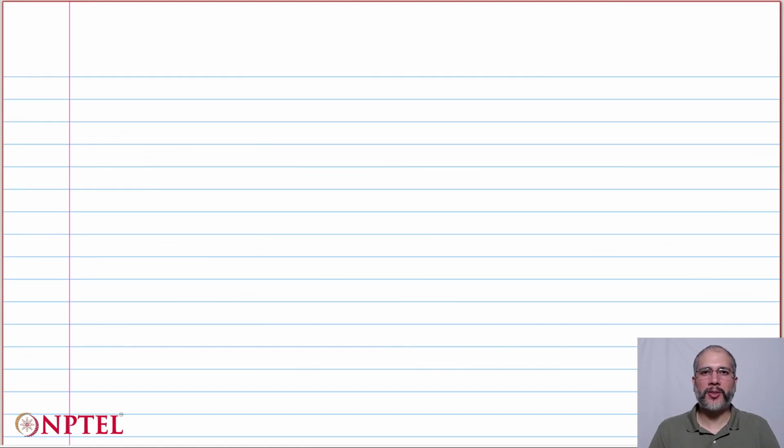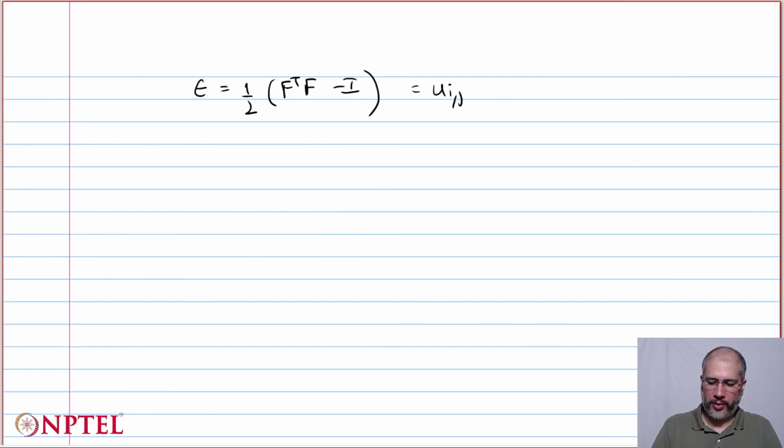Because remember, we haven't discussed the terms of epsilon yet. We had defined it in a finite way last time by writing epsilon as half of F transpose F minus identity, or as we've defined it today as u_i,j plus u_j,i upon 2. We did understand the meaning of the situation where E is 0, or now we can say when epsilon is 0.